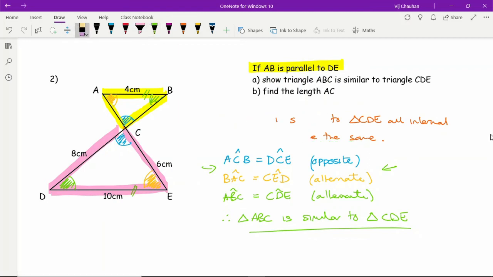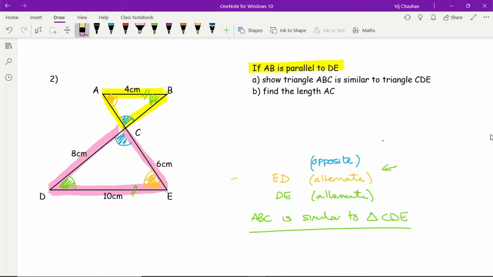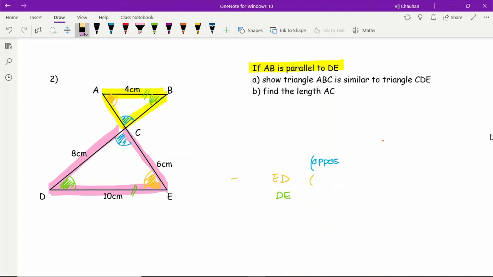To do that, what we need to do is separate the triangles, or redraw the triangles I should say, making sure that the orientation of my diagram is the same. Because with this particular question, unlike the other question where you had a triangle inside of the triangle, the orientation of the two triangles is different, as you can see in terms of the way that I've coloured in my angles.